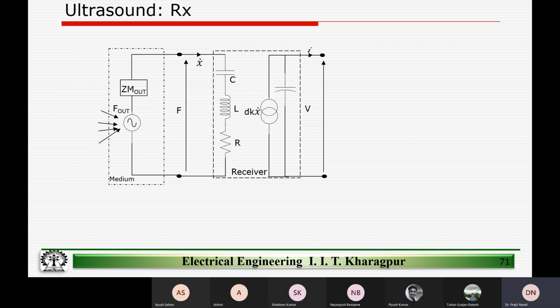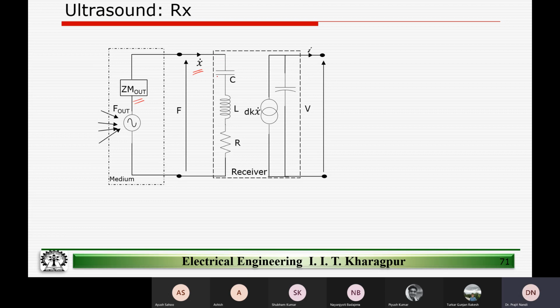So the medium has acoustic impedance. So we can model the sound waves as a signal source with an output impedance given by the medium in which the sound wave is propagating, and that creates a displacement x dot.